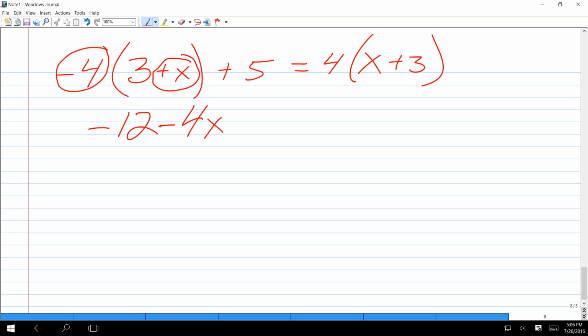When I have negative 4 times x, I get negative 4x. And then it's going to be plus 5 equals 4x plus 12. What's the next thing to do?